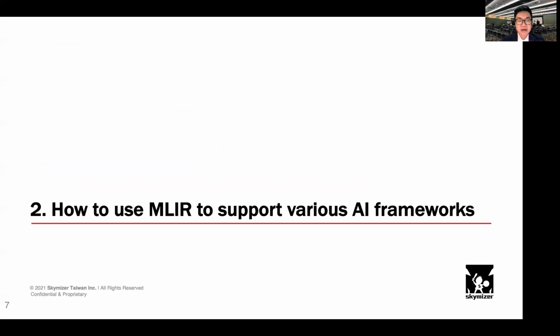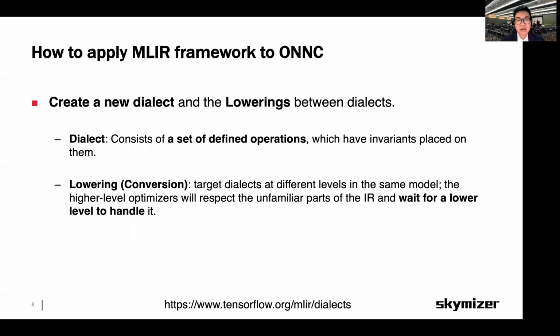So let's take a look at how to use MLIR to support various AI frameworks for ONNC. How to apply the MLIR framework to ONNC? We think the key is to create a new dialect and then implement the lowering between dialects. Dialect is MLIR's terminology, which means a set of defined operations.